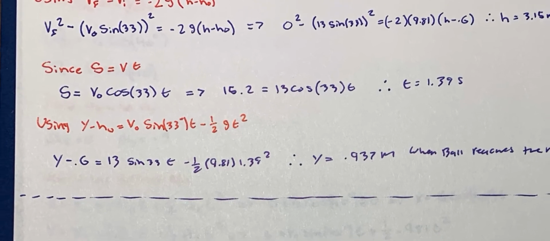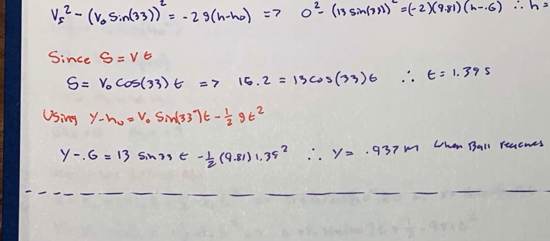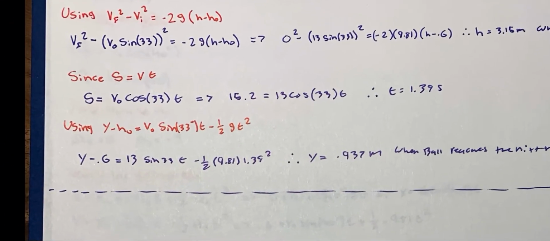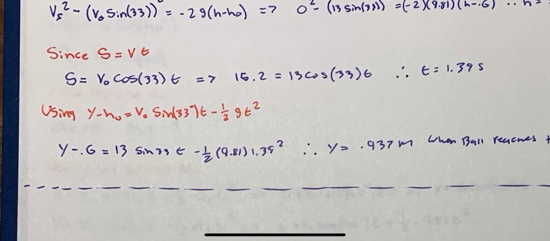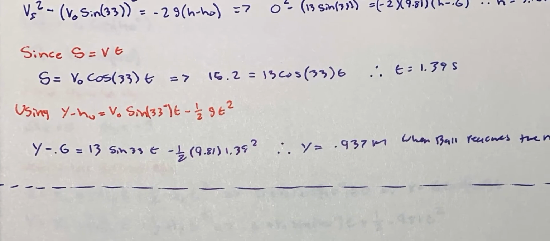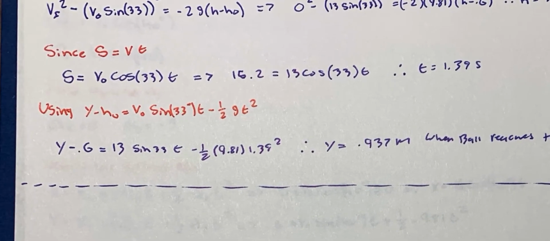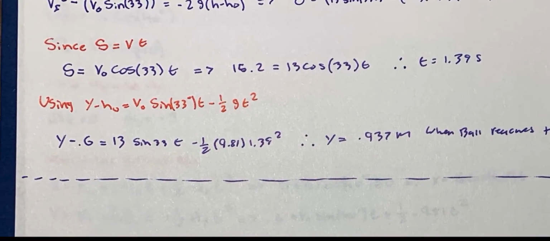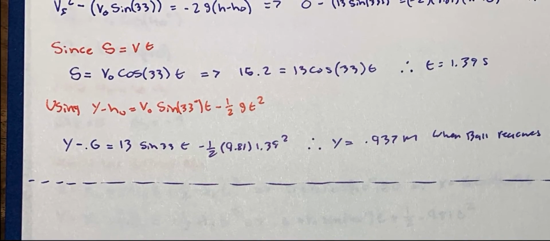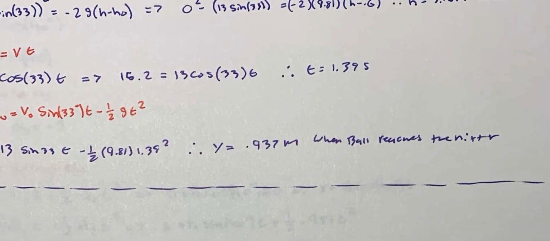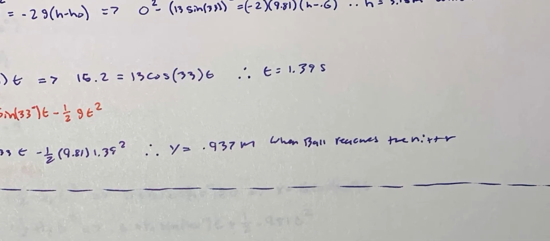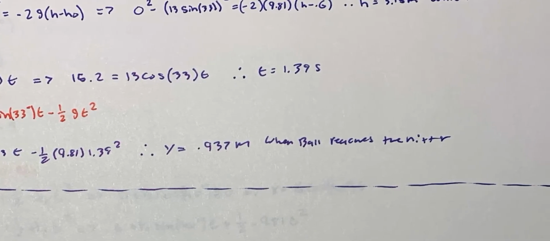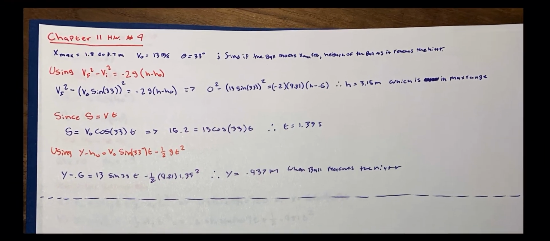And then using a similar equation for position down here, but in the y direction, we can solve for the distance traveled in the y. So we know that the ball is about 1 meter high when it reaches a hitter.